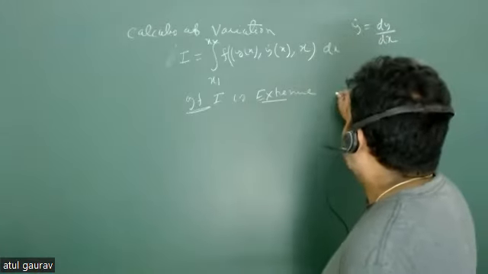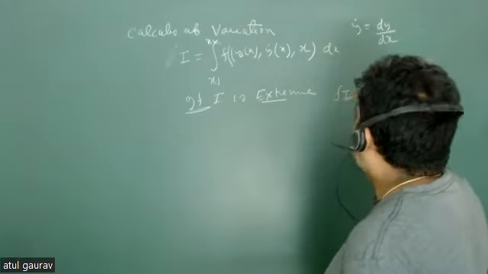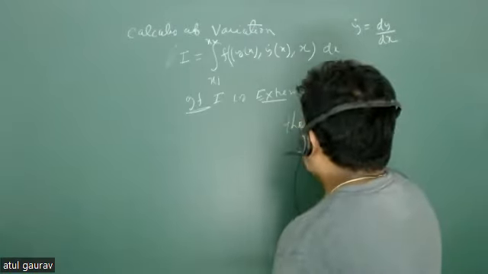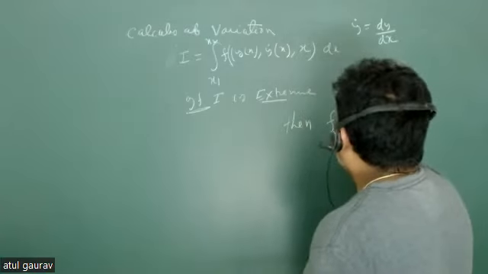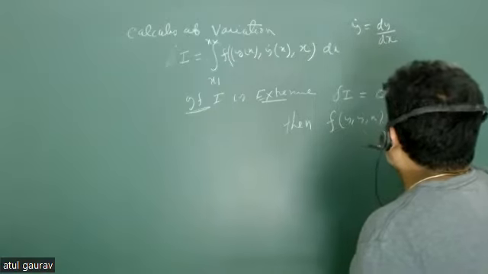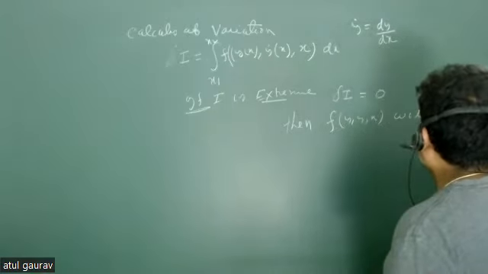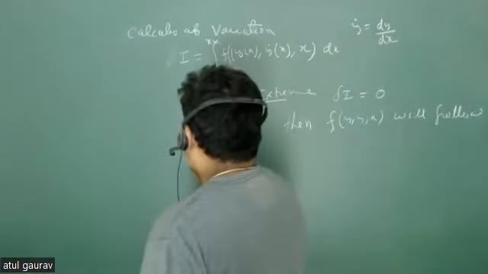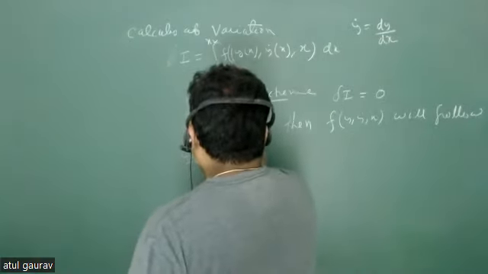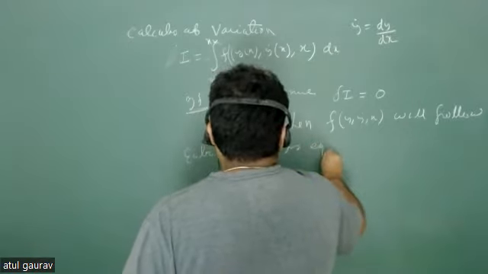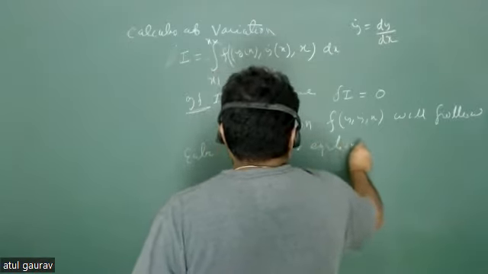इफ I इज एक्सट्रीमम, देन ऑब्वियसली del I must be equal to 0, then f of y, y dot, x will follow Euler Lagrange's equation. वो क्या फॉलो करता है?